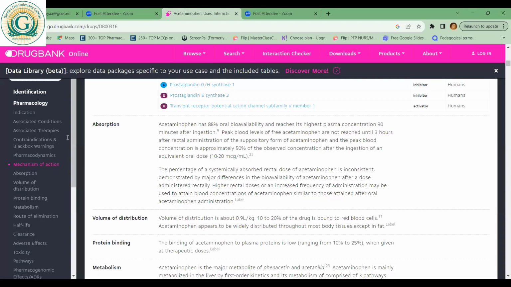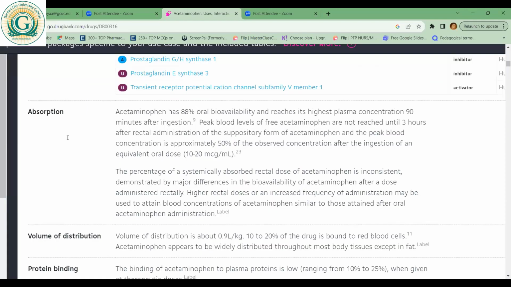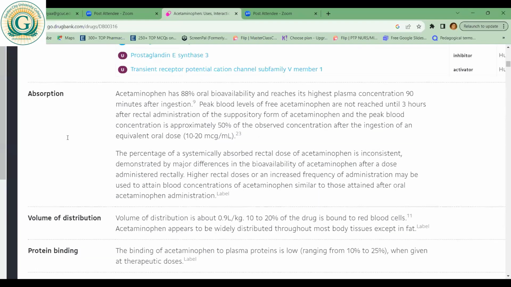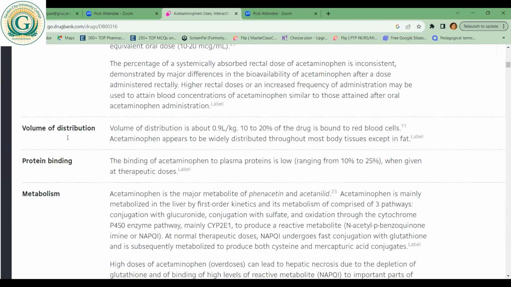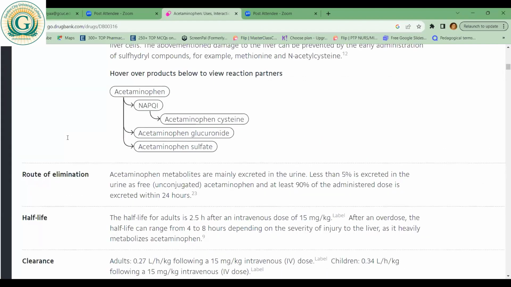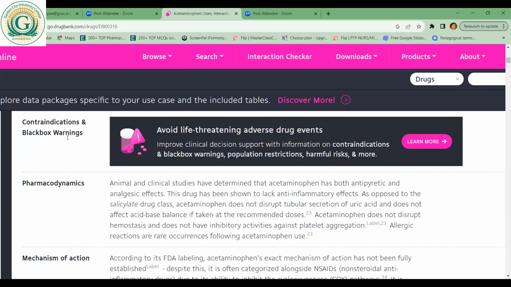So anytime you want to know the pharmacokinetic profile of any drug, whichever information source you are using, you look out for what is written under absorption, distribution, metabolism, and then excretion. That will tell you the pharmacokinetic profile of the drug.